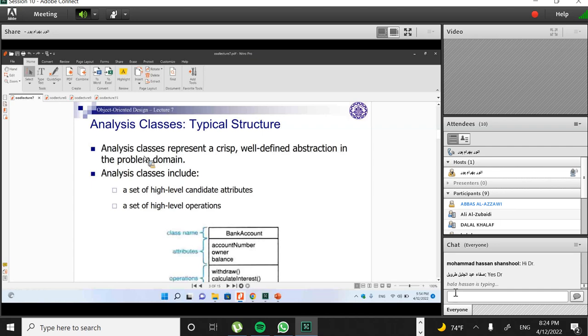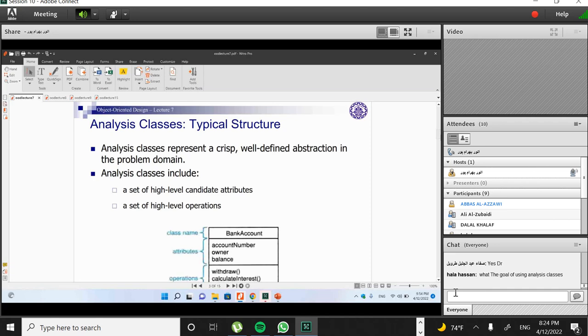These analysis classes define our abstractions. Analysis classes include a set of high level candidate attributes and a set of high level operations.